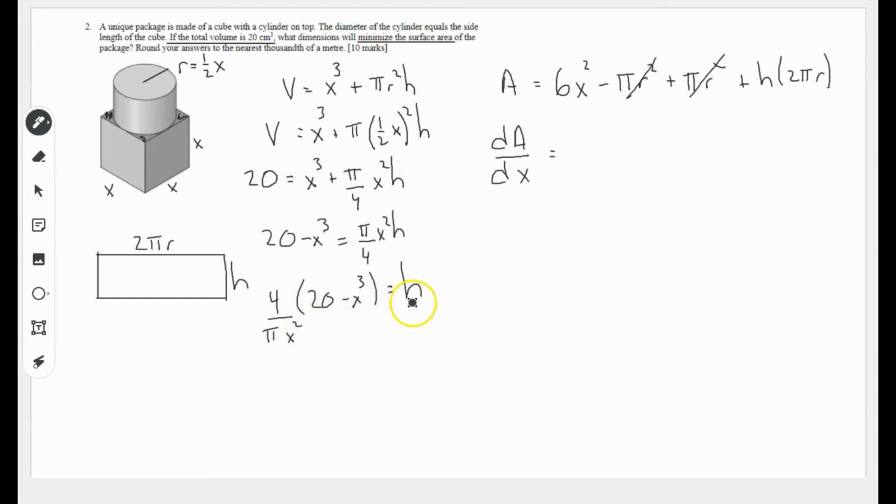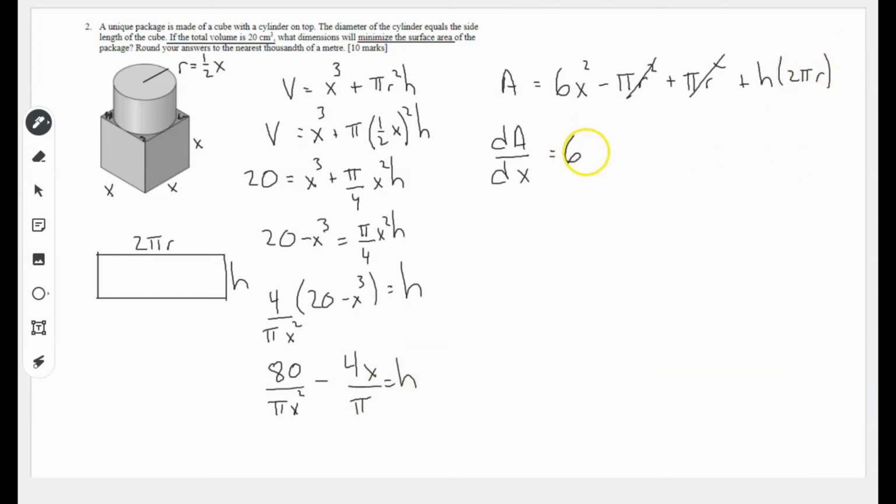And I'm just going to expand it because it'll be easier to take the derivative if I expand that. So we get 80 over pi x squared minus 4x. Right? We've got an x cubed over an x squared. So we're just left with an x over pi. And that's h, so I'm going to substitute h in there.